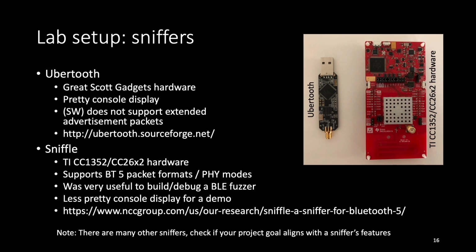However, it looks like the software has not been updated very recently, so it does not support newer Bluetooth protocol features. And luckily, this sniffer was introduced at the end of 2019 at hardware.io, and it does support newer Bluetooth specification and protocol features.